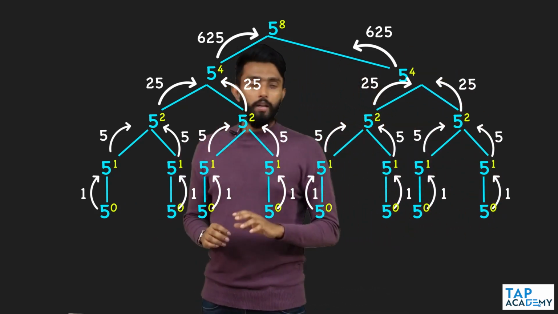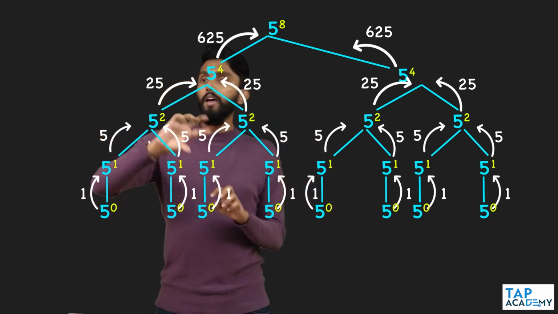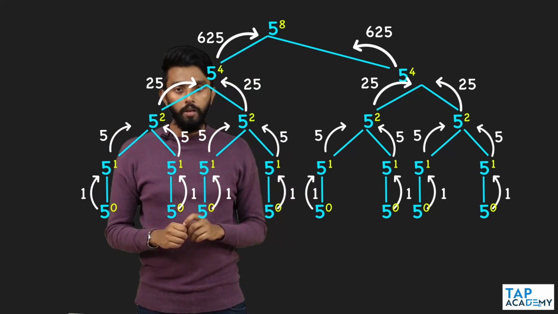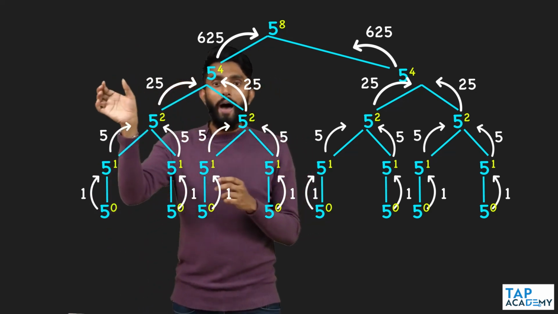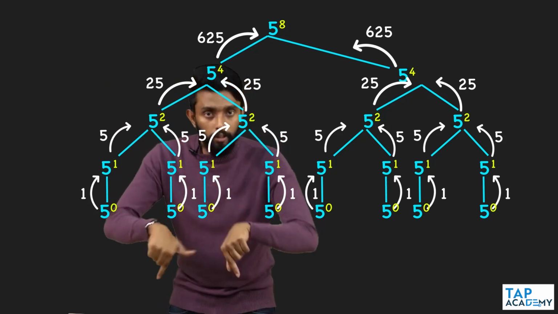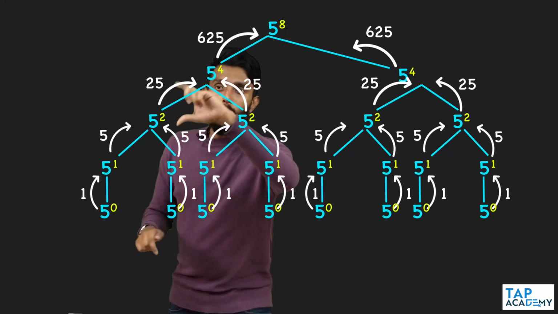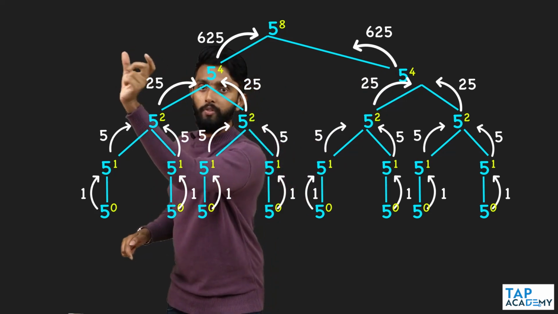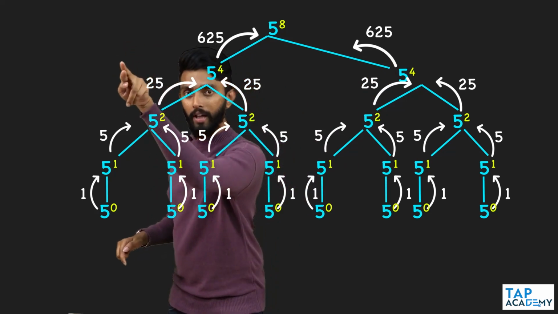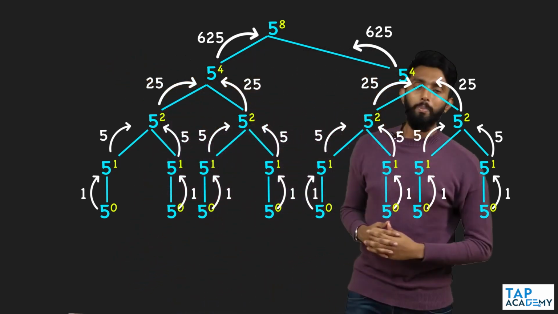Would you agree that whatever I calculate here, if I can store it inside a variable and multiply that value with itself, I'll get this side, because this side is also returning the same value. Once I get 625, if I store 625 somewhere and multiply it with 625 again, or square it, I'll get the same thing. I hope you're able to think.